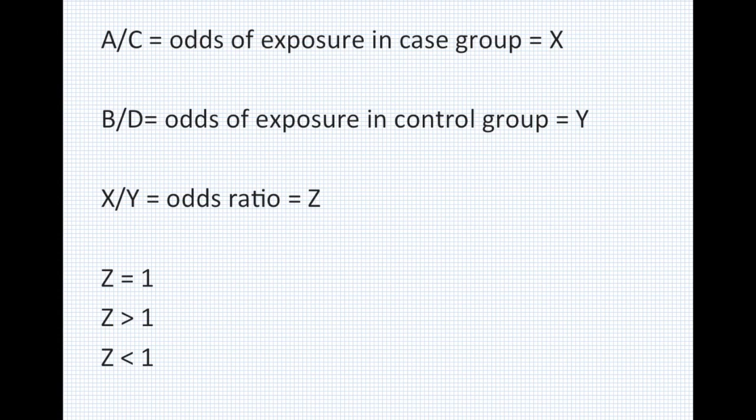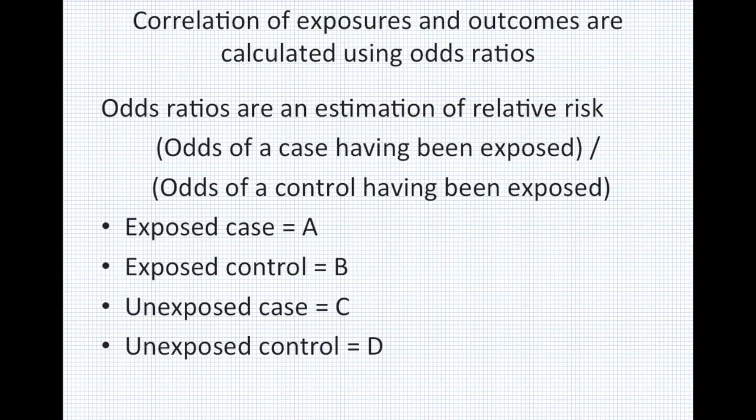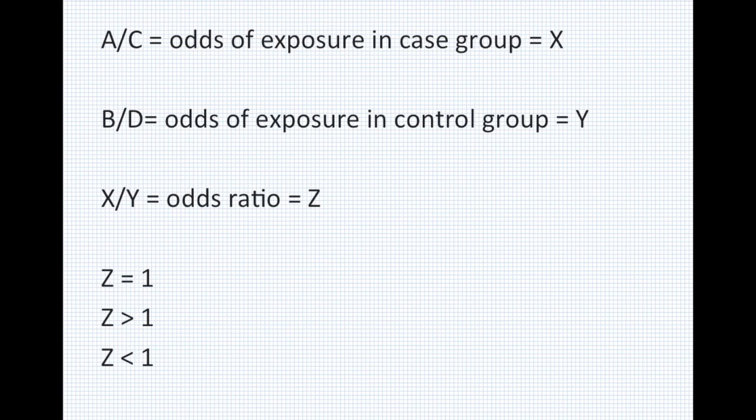B divided by D, or exposed controls divided by unexposed controls, would be the odds of exposure in a control group. X divided by Y would be the odds ratio, or Z.